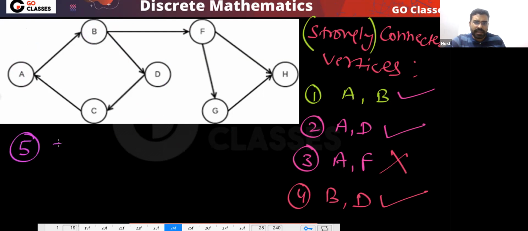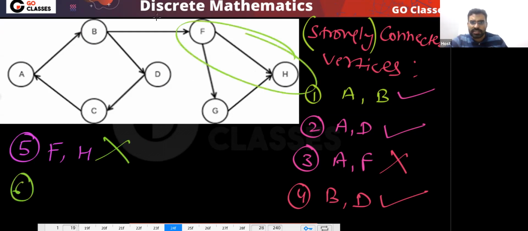What about F, H? You can go from F to H, but can you go from H to F? No, so these two vertices are not strongly connected. What about G, H?